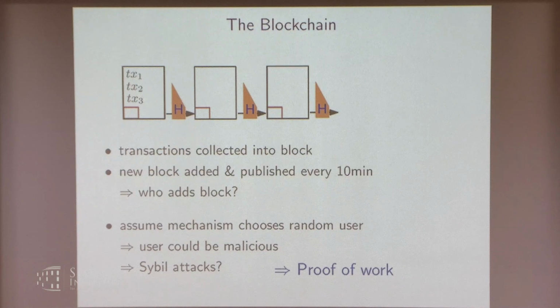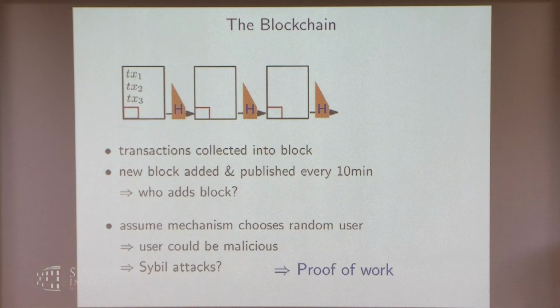And if enough users are honest, then this should lead to consensus. Except that if it's completely decentralized and we don't have any means of authentication, there's no concept of what a user is. So if I have an adversary, he can just pretend to be a billion users. And then if there's just a lottery that picks a random user, the adversary would almost always win and could subvert the system. That's called a Sybil attack.